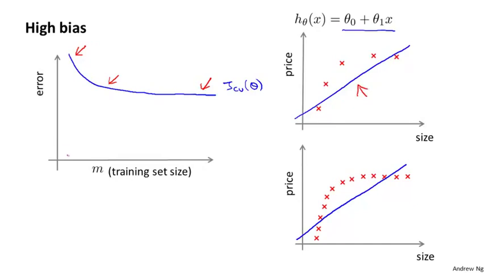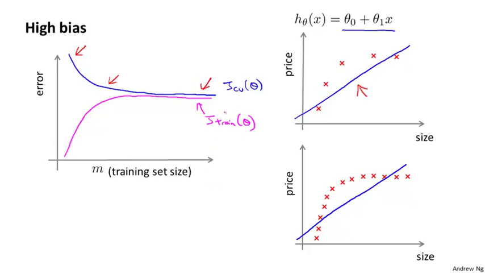Well, the training error will again be small, and what you find in the high bias case is that the training error will end up close to the cross-validation error. Because you have so few parameters and so much data, at least when m is large, the performance on the training set and on the cross-validation set will be very similar. And so this is what your learning curves will look like if you have an algorithm that has high bias.